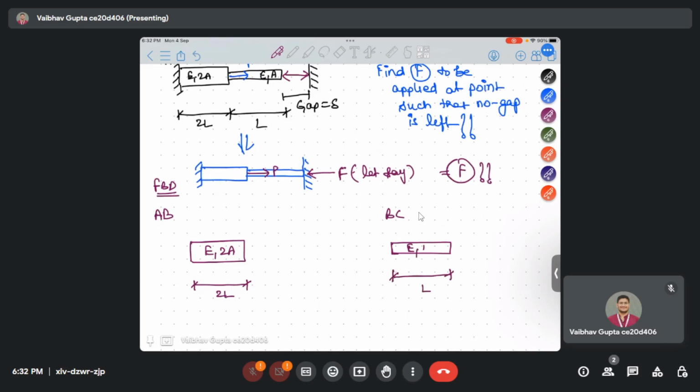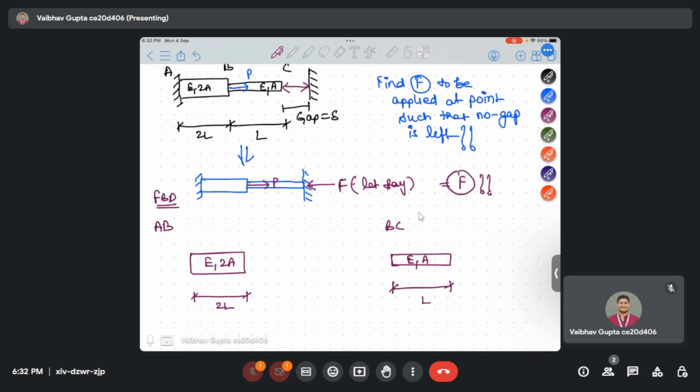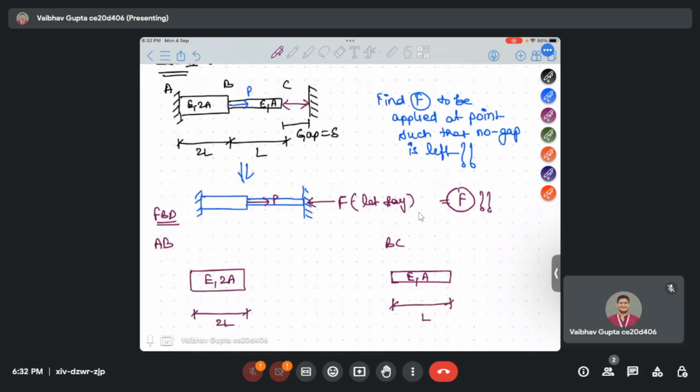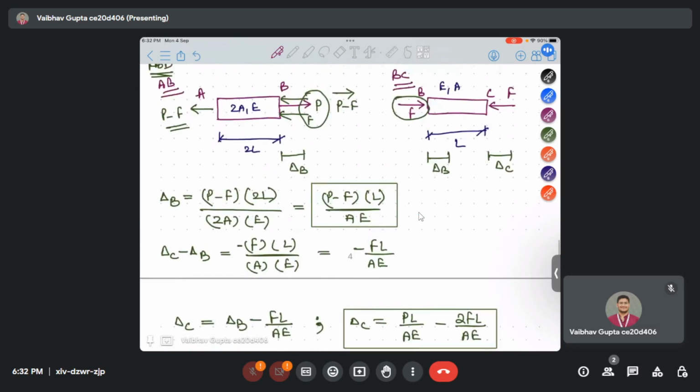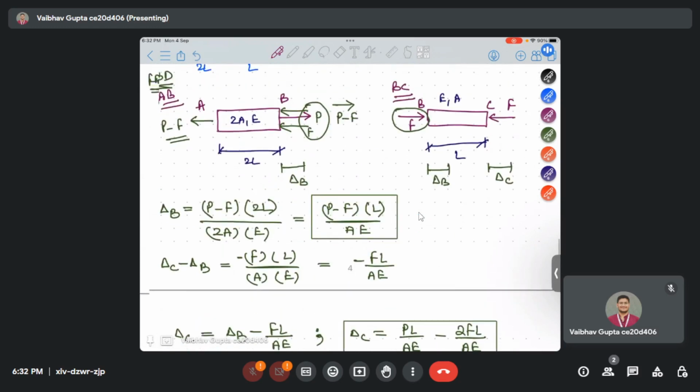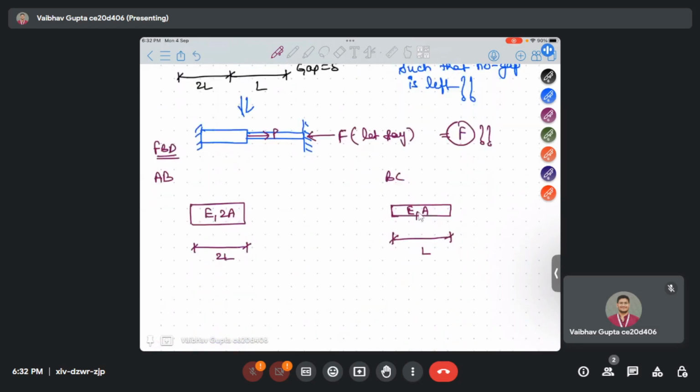Now since F is applied at point C, because we have closed the gap to find the force so that the gap is not left, it becomes similar to a case 2 problem. All the free body diagrams are similar to case 2, but one change will be there.